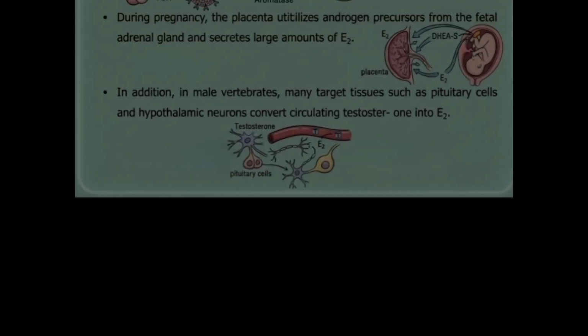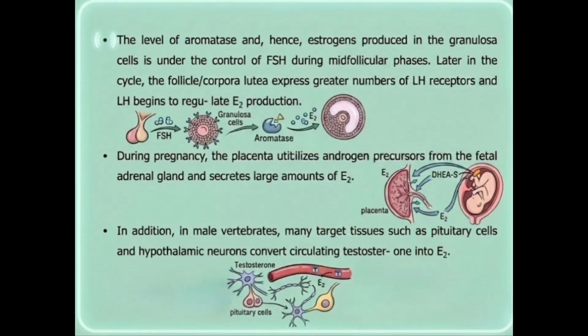The level of aromatase and hence estrogens produced in the granulosa cells is under the control of FSH during mid-follicular phases. Later in the cycle, the follicle and corpora lutea express greater numbers of LH receptors and LH begins to regulate E2 production.